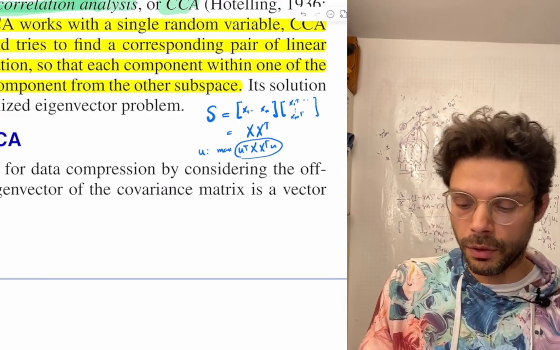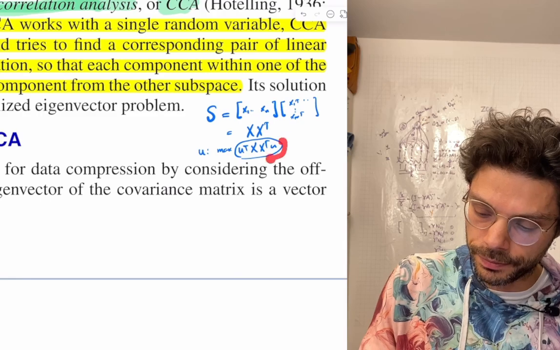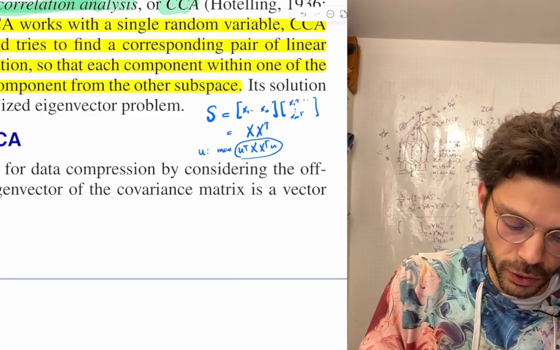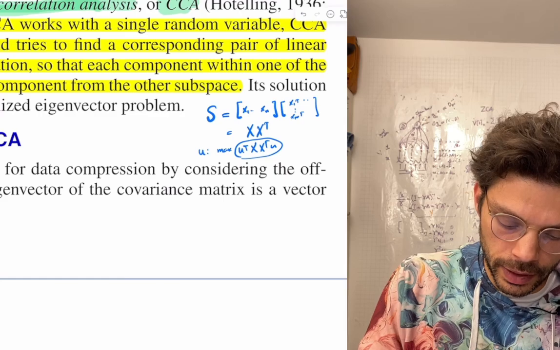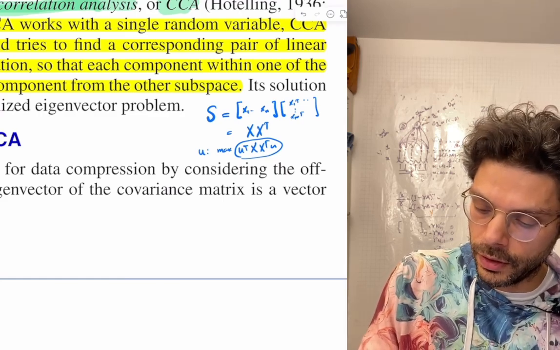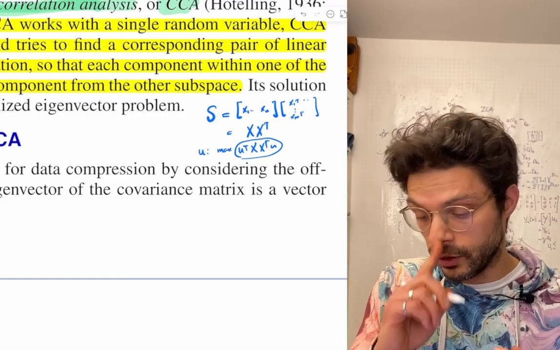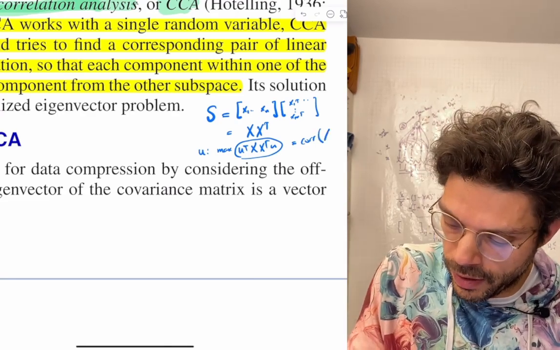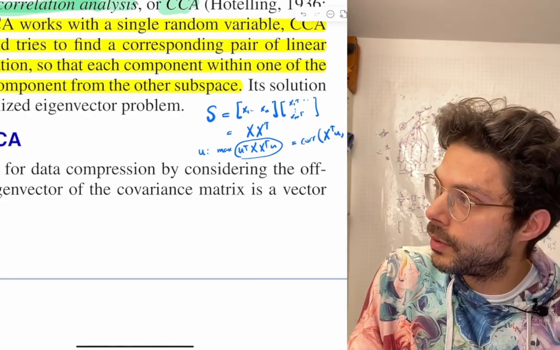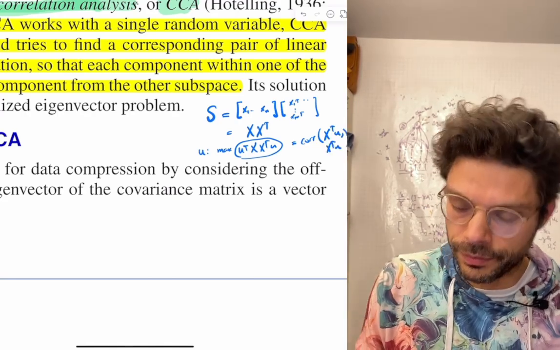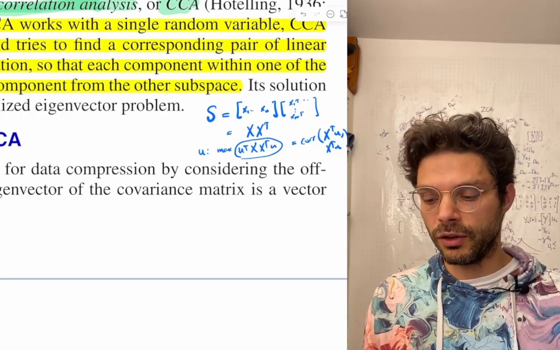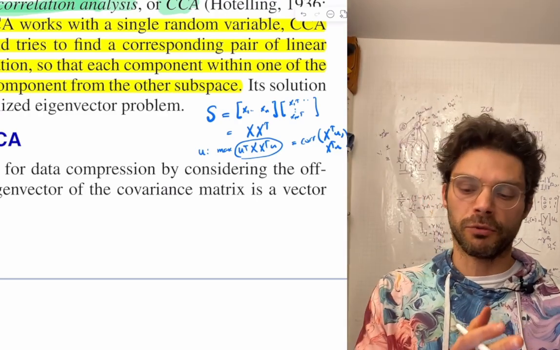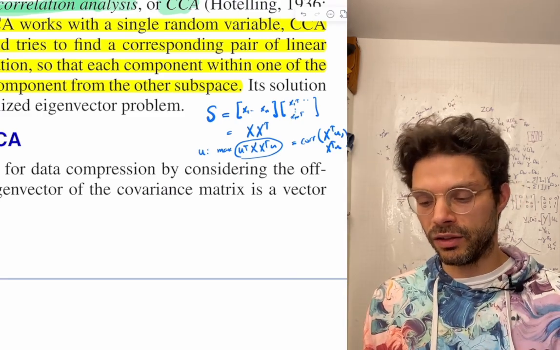Now, one way to think about this expression is that you're actually just correlating something with itself. It's the overlap of Xu with Xu. So you're trying to find this u to maximize this correlation in the unit vector, and it turns out if you do that, you find the first principal component, and so on.